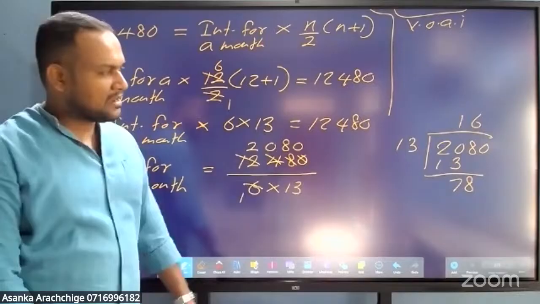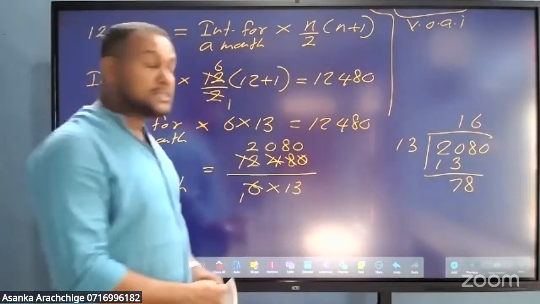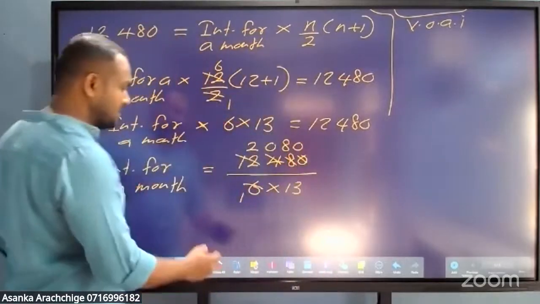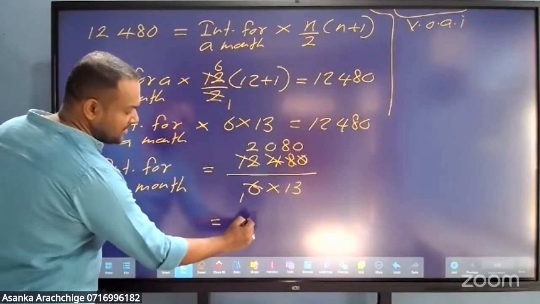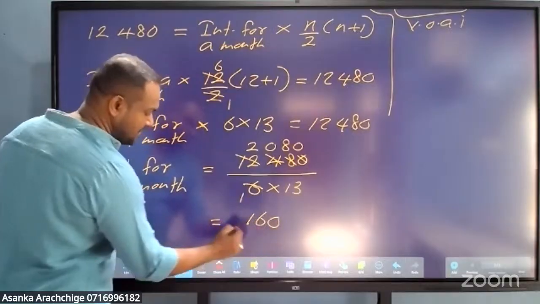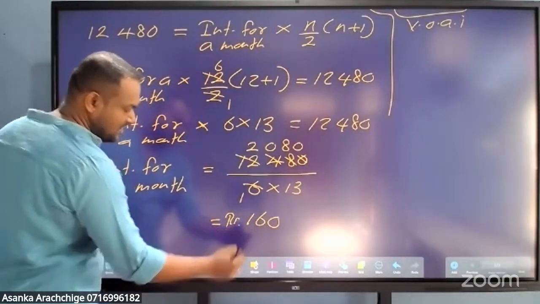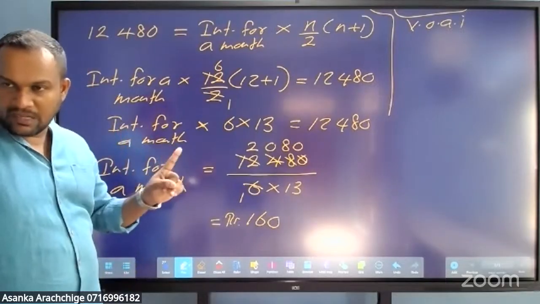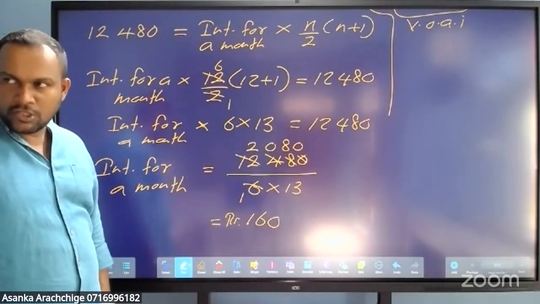That is exactly 160 rupees. 160 rupees. What is this? The interest for 1 month or interest for a month unit.